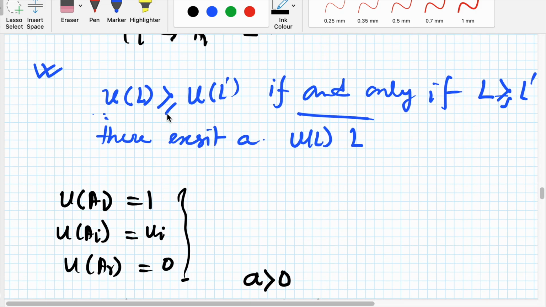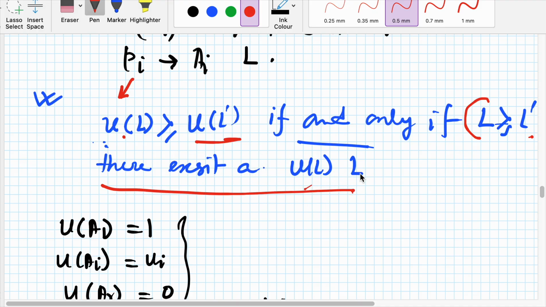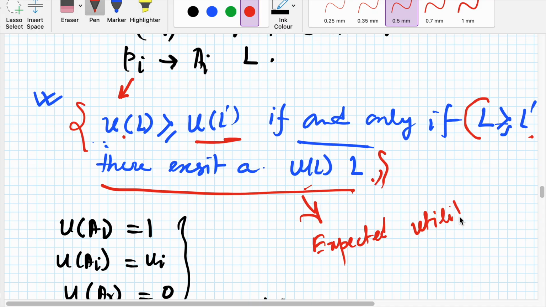We have proved that the utility of a lottery L will be greater than or equal to the utility of another lottery L prime if and only if L is preferred over L prime. So there exists a utility UL for L, and we have shown that there exists an expected utility for a lottery.